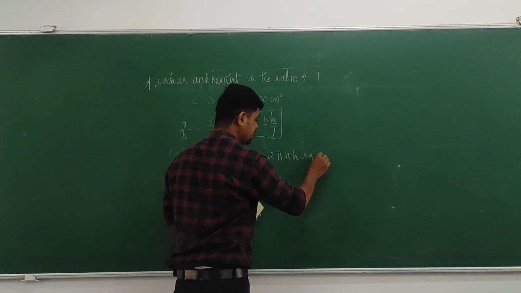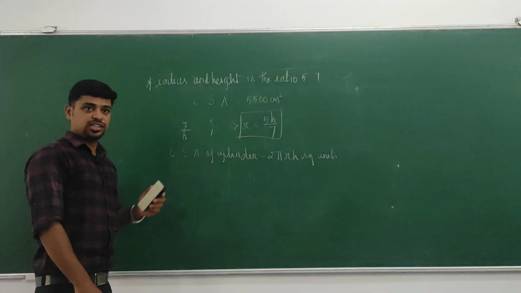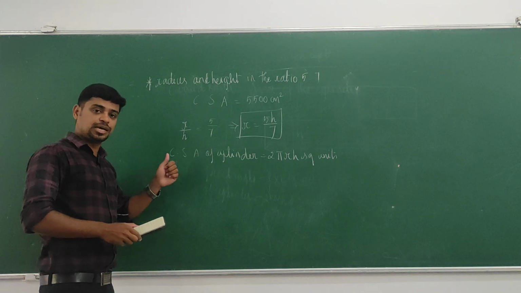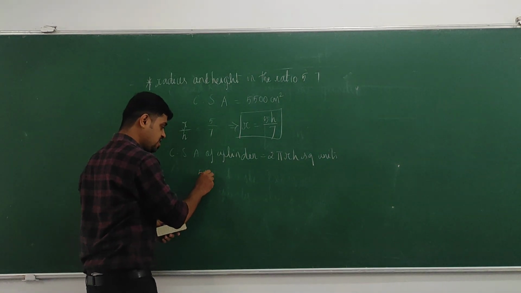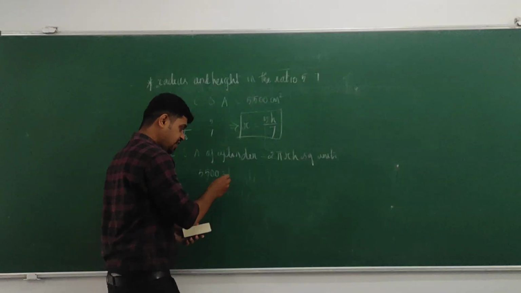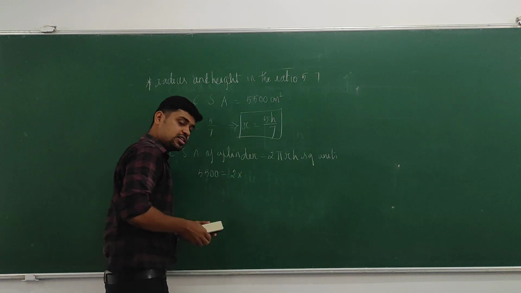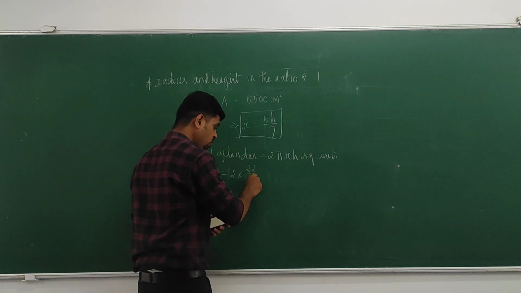Now in the question itself it is given that my curved surface area of the cylinder is 5500. Now we'll substitute the value in the formula. So curved surface area is 5500, which is equal to the right hand side formula as it is, and 2 into, we know the value of pi there, so it is 22 divided by 7 into r.